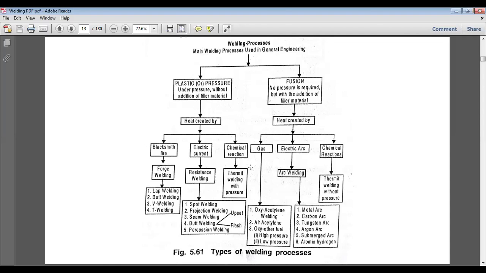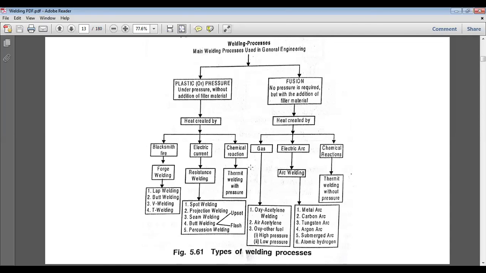Because we don't have to apply pressure, we can produce heat by gas. Then we can produce heat by electric arc, and then again chemical reactions, exothermic reactions, where we apply the heat produced by the chemical reaction.